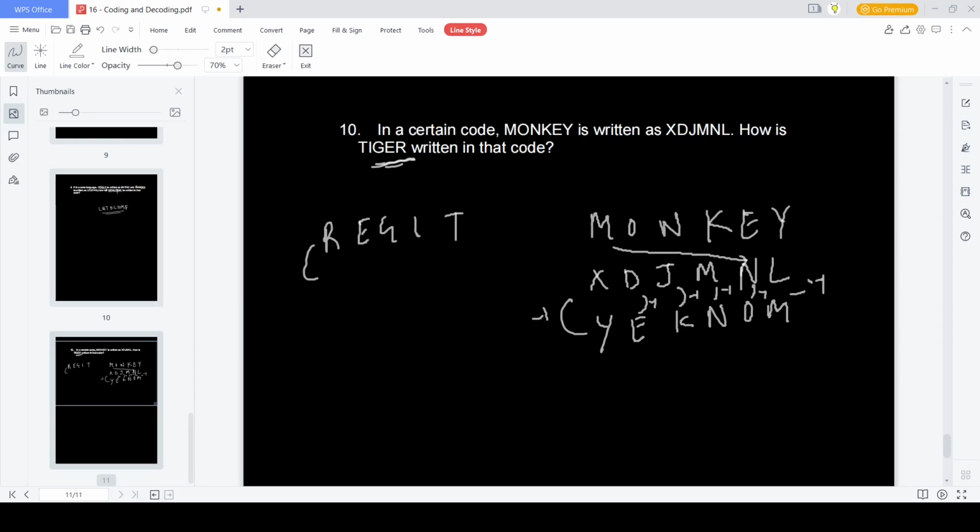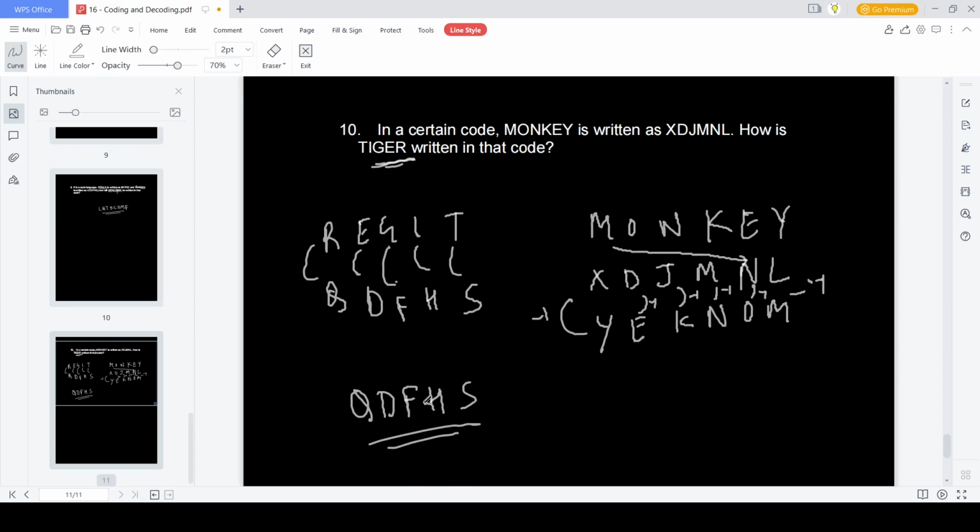If I subtract 1 from R, I get Q. From E, I get D. From G, I get F. From I, I get H. From T, I get S. So that will be the new code. QDFHS will be tiger.